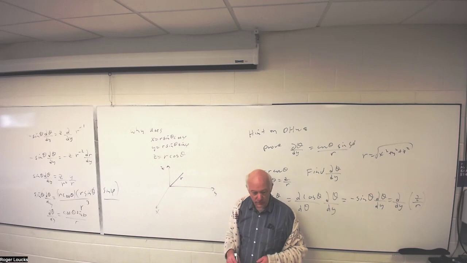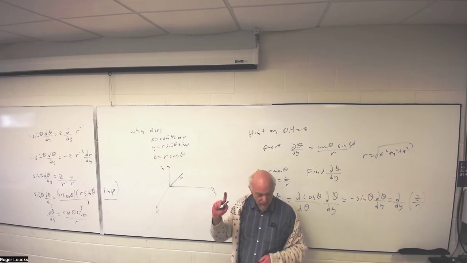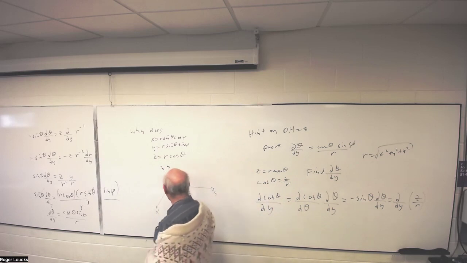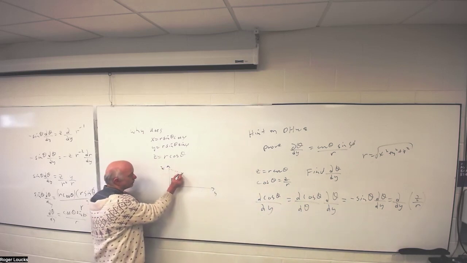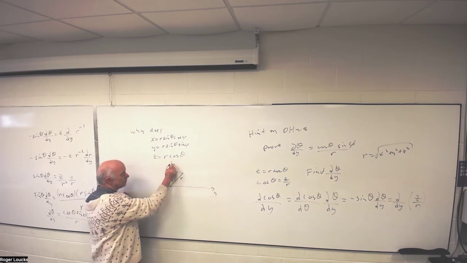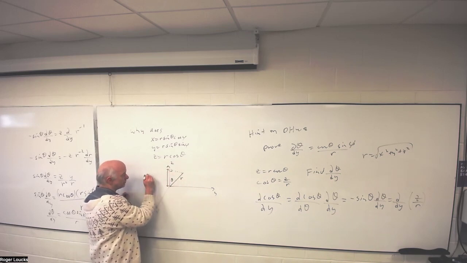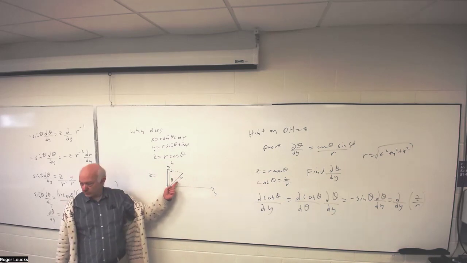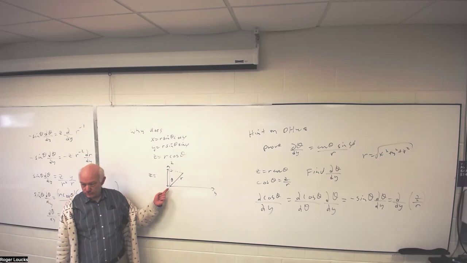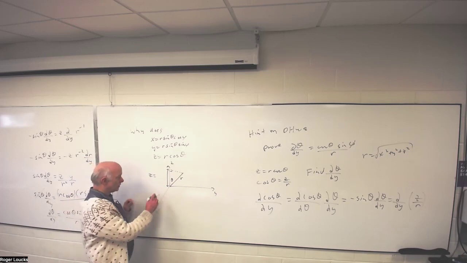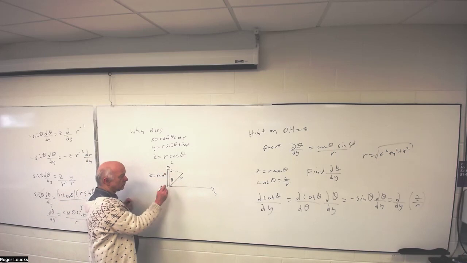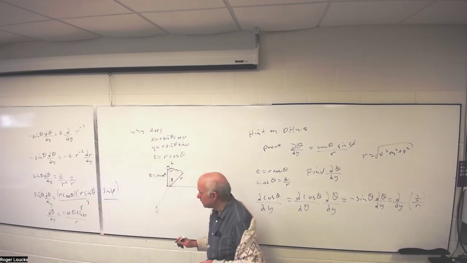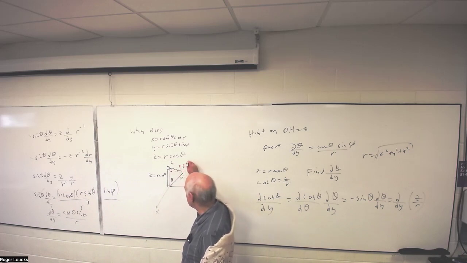Where in this picture is theta? It's here. If I drop this little perpendicular here, this is my z right here. So what does that z have to equal from this right triangle? It has to be r cosine of theta. Now tell me about this side right here. This is r sine of theta.